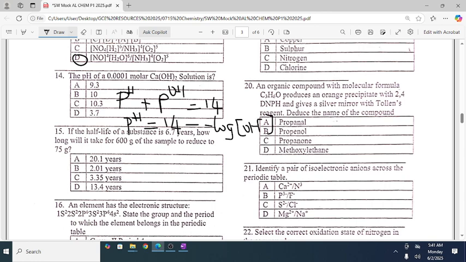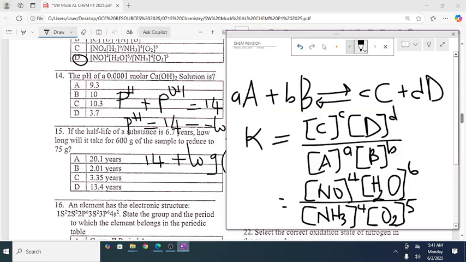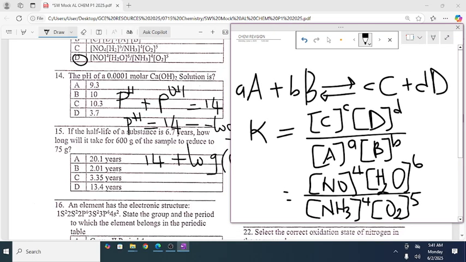So at the end of the day, you have 14 plus logarithm of hydroxide ions concentration. All we have to do is find the concentration of the hydroxide ions and then replace it into the formula. So we are going to come back to this a little later.